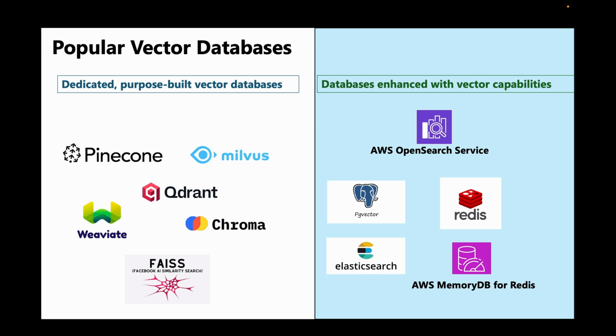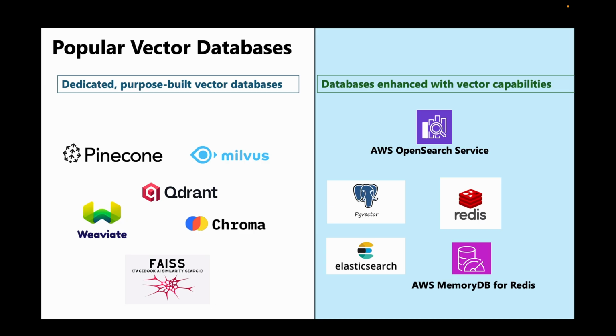They specialize in similarity search using approximate nearest neighbor indexing techniques and optimized data structures, enabling very fast semantic retrieval over large volumes of unstructured data.